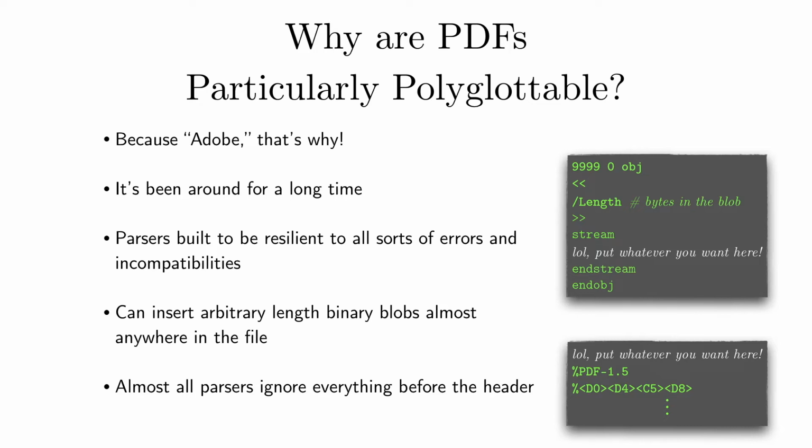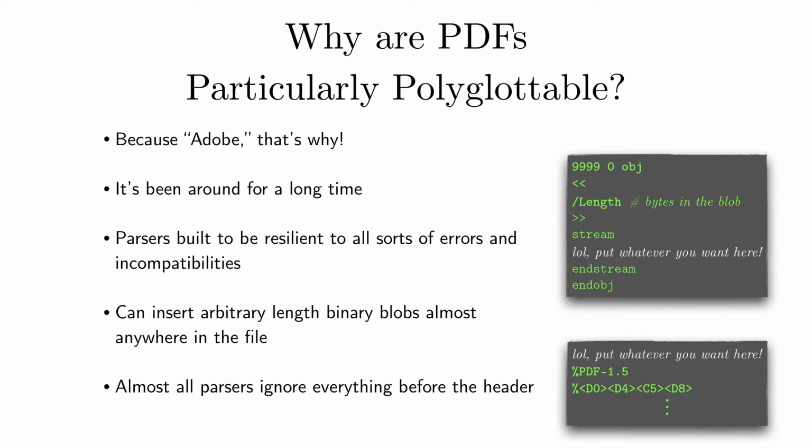So you can put arbitrary bytes before the start of the PDF, and most PDF viewers will not even give you a warning. They'll just render the PDF. Similarly, you can add extra bytes at the end of the PDF and it will ignore it. So neither does the PDF need to start at byte offset 0, nor does it need to end at the end of the file in practice.